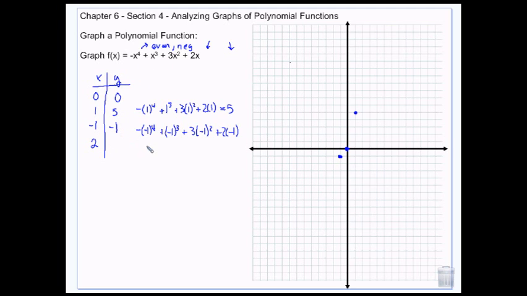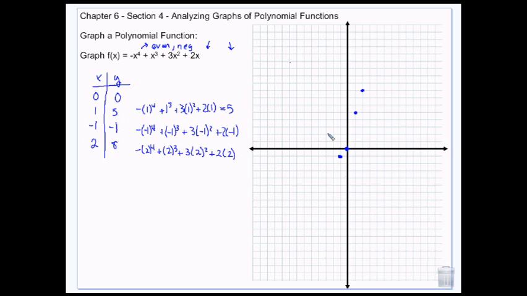And then I do 2. So 2 to the 4th is 2, 4, 8, 16. So that's negative 16 plus 8, that's negative 8 plus 12, so that's positive 4 plus 4. So that's positive 8. So that's my next point.